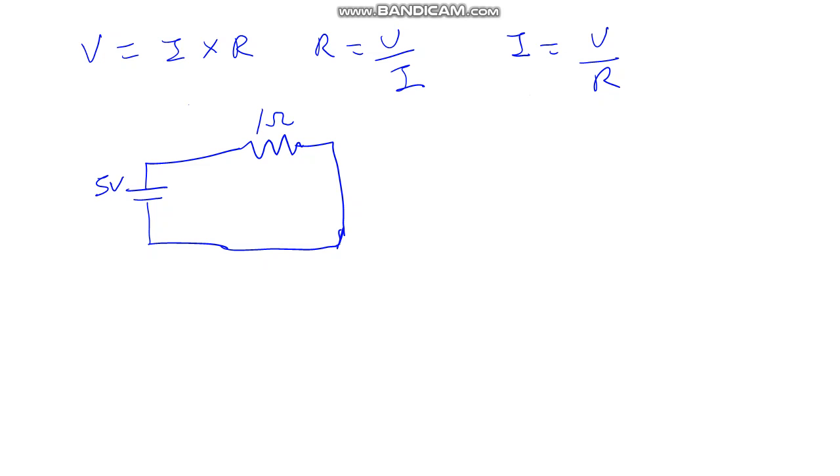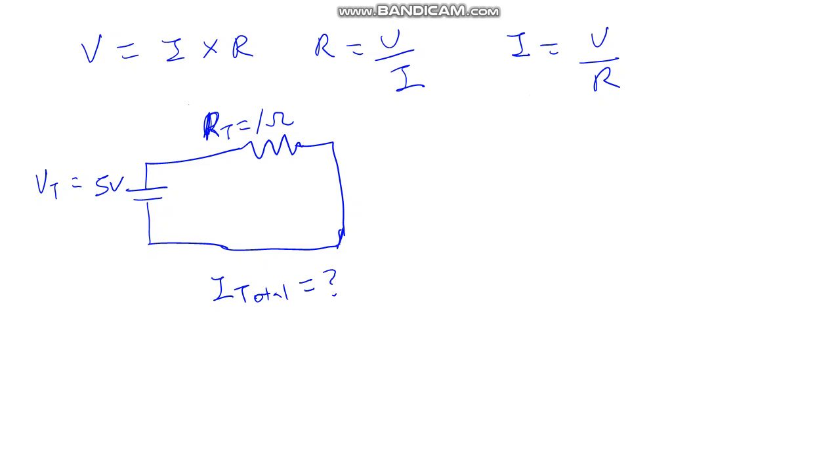And so in this type of most simple question, they might ask you what is the total voltage, which is 5 volts, so it's given to you. Total resistance is 1 ohm, it's given to you. And they may ask you to figure out total current, which is I total.